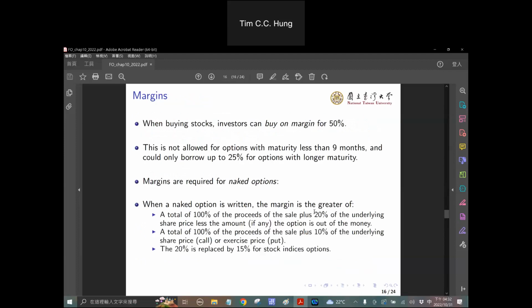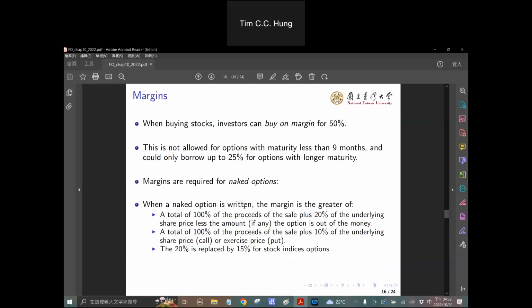You have to keep it in the balance account in your broker account, so that only by doing so will the broker and the exchange allow you to underwrite naked call or put options. And why is it only required for underwriting naked options?